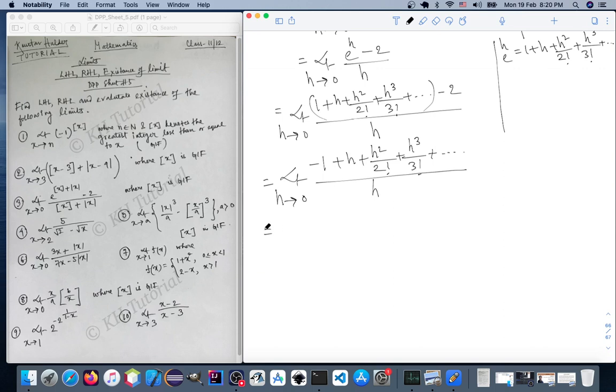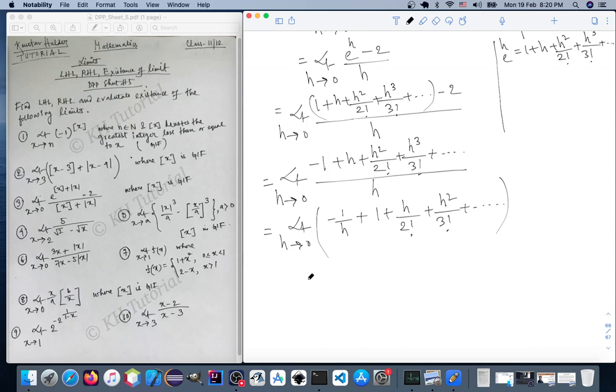Now if you divide the numerator by h, this becomes the limit h tending to 0 of minus 1 by h plus 1 plus h by 2 factorial plus h squared by 3 factorial and so on.